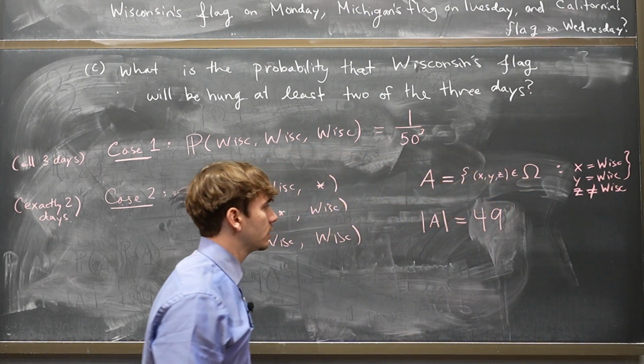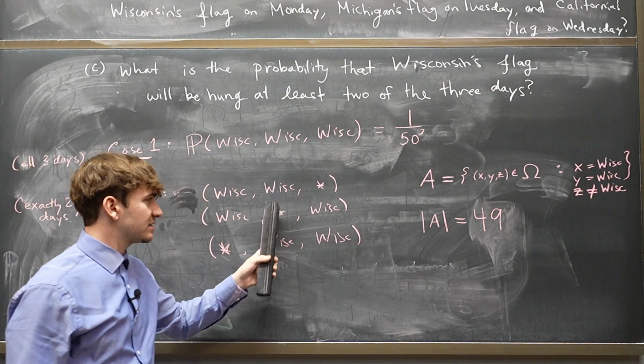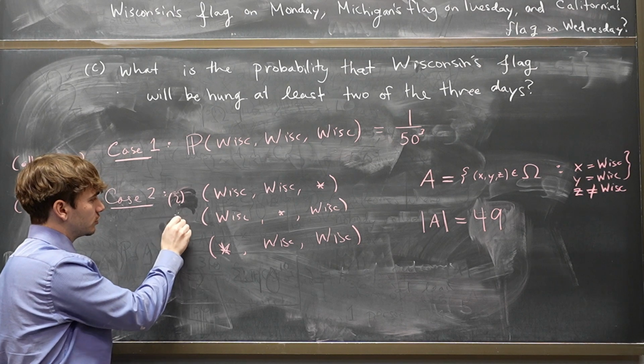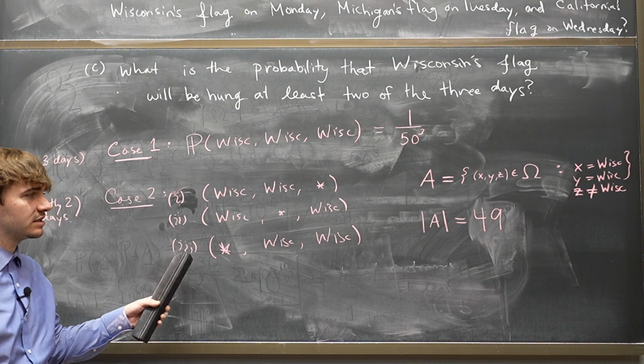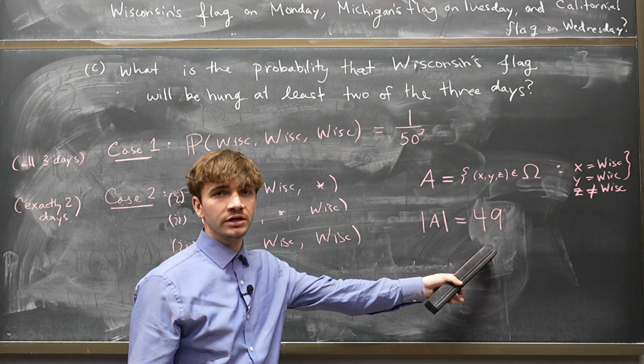Now this is my set A and it has cardinality 49. And by symmetry, all 3 of these, case 1, case 2, and case 3, represent events whose cardinality is 49.